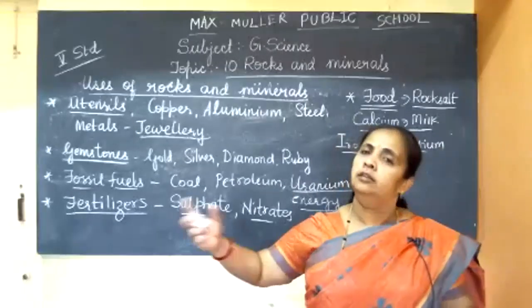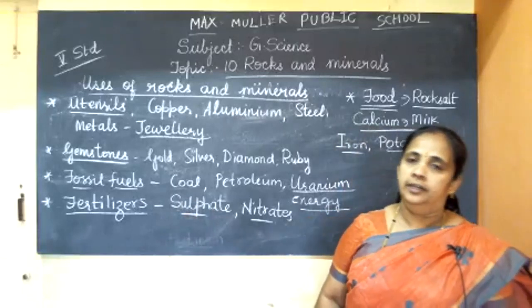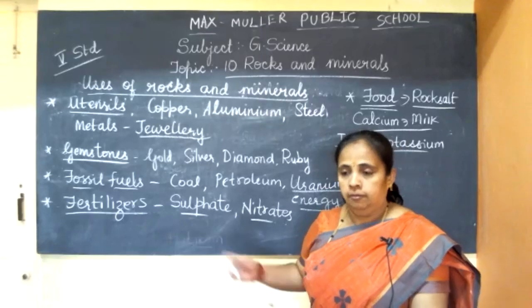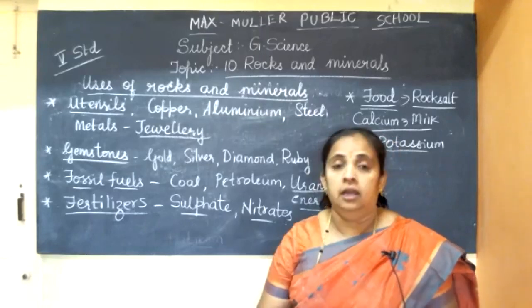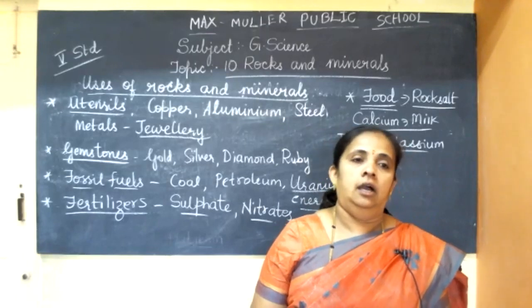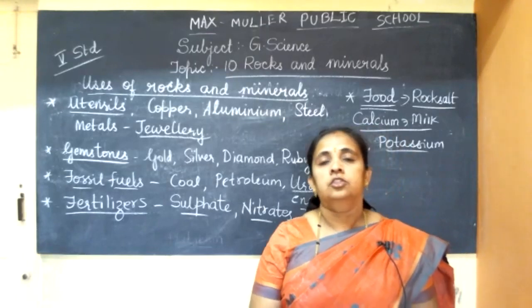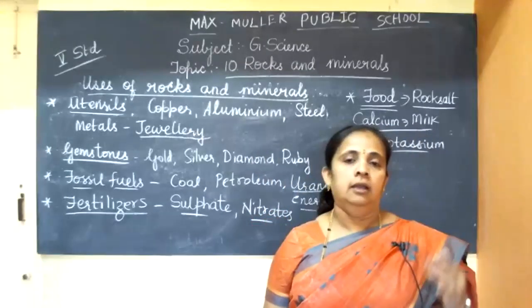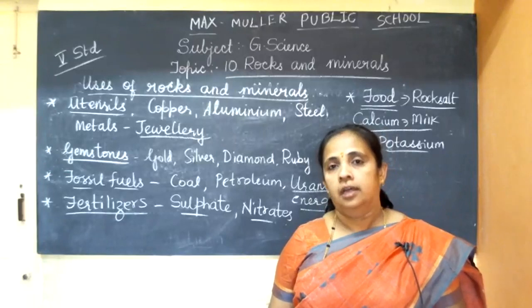If fossils are not there, fossil fuels are not there. Already it is limited and non-renewable. Man is cutting down all the trees for making money. So he is responsible for making the resource limited.